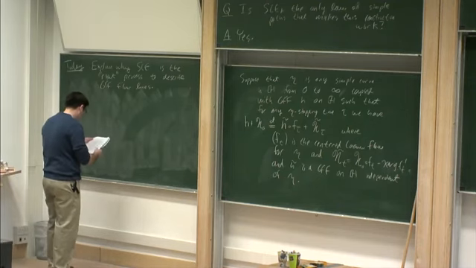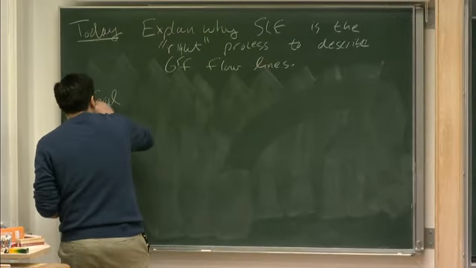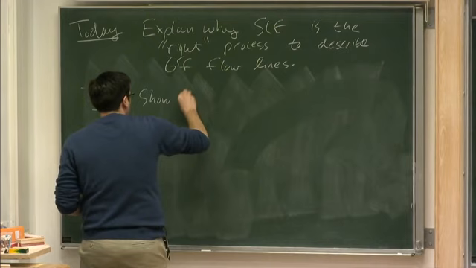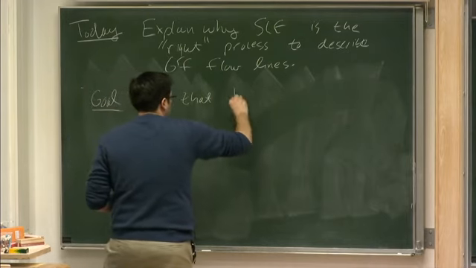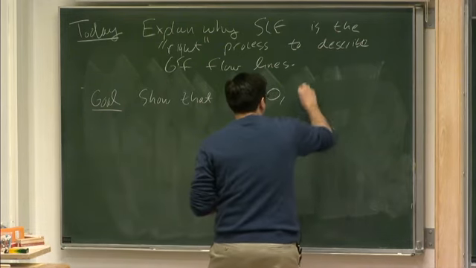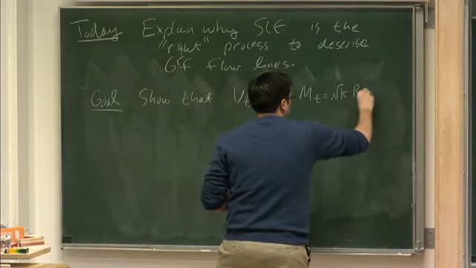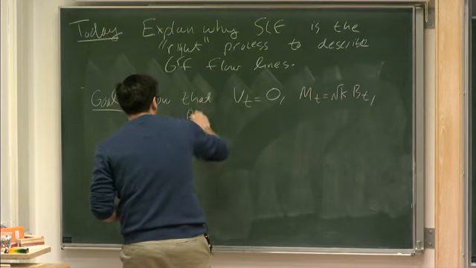All right, so what we want to do now is show that vt is equal to 0 and mt is equal to square root kappa times bt, where b is a standard Brownian motion.